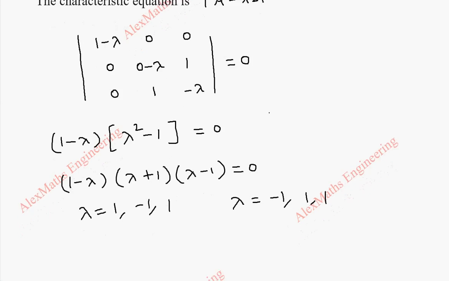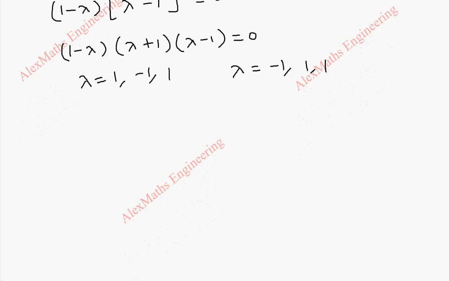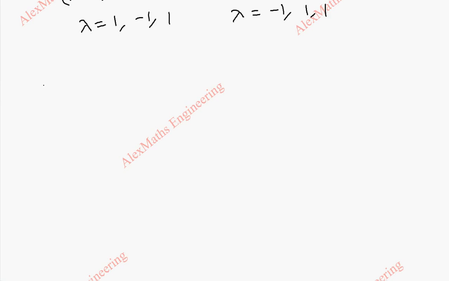For each value of lambda, we have to find the eigenvector. So if lambda equal to minus 1, then A minus lambda I into x equal to 0. A minus lambda I we have already written.